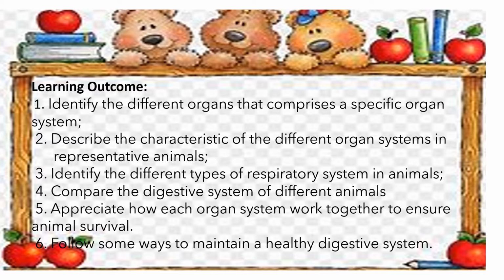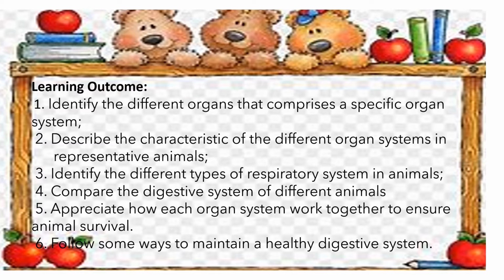Before we proceed, let us first read our learning outcomes for today's lesson. First is to identify the different organs that comprise a specific organ system. Describe the characteristics of the different organ systems in representative animals. Identify the different types of respiratory system in animals.